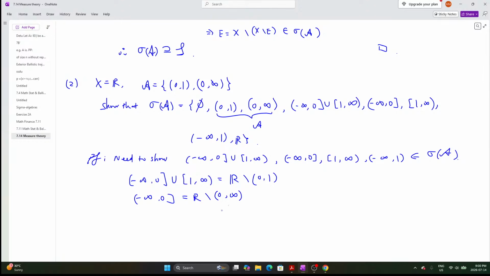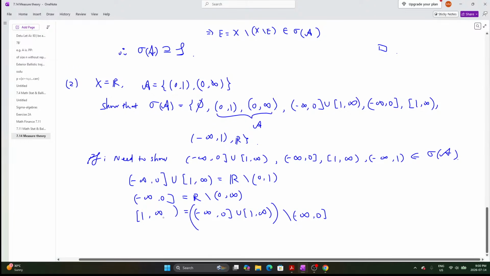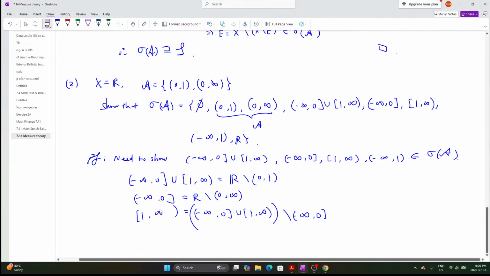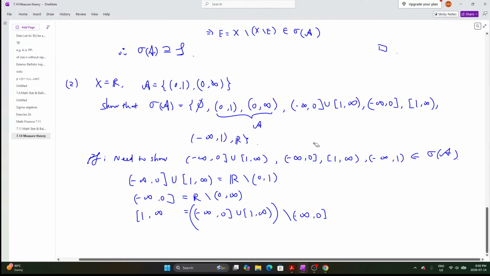And what else here? [1, infinity). Well, [1, infinity) is the set difference between the first two. And which one? (Minus infinity, 1).